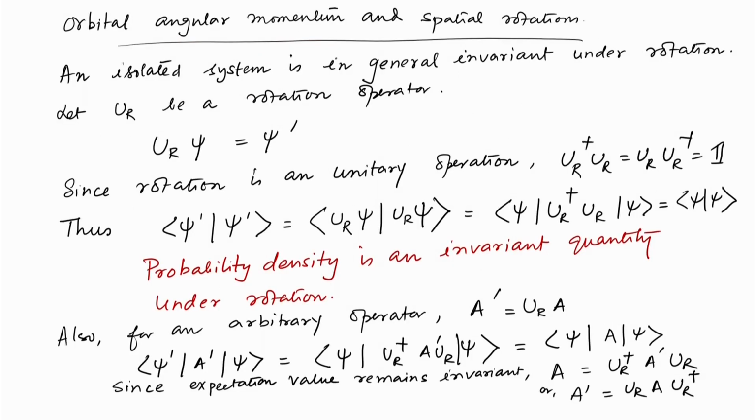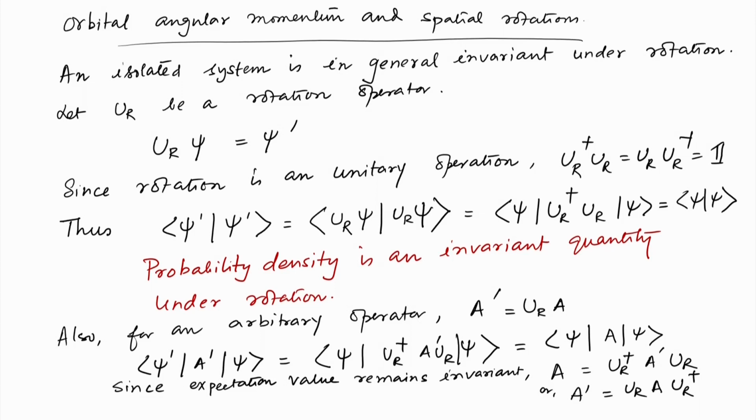All right. So, let us now see the relationship between the orbital angular momentum and spatial rotations, the rotations that happen in space. An isolated system is in general invariant under rotation, and let U_R be a rotation operator. So, U_R is an operator that rotates a wave function, and we will see that R is another operator that does a rotation on the variables.